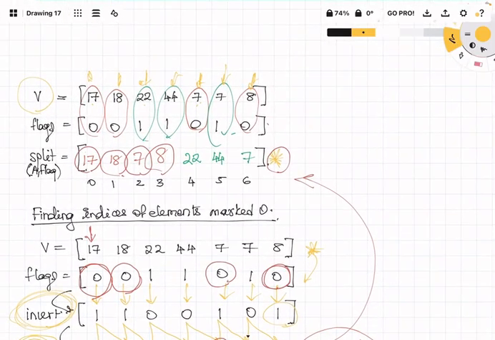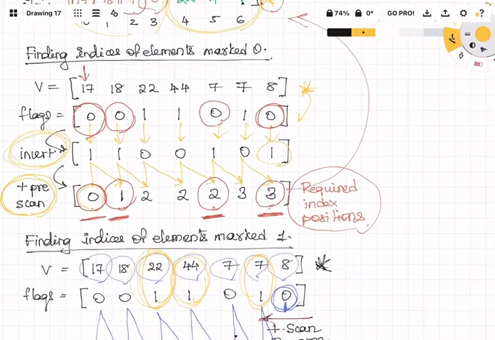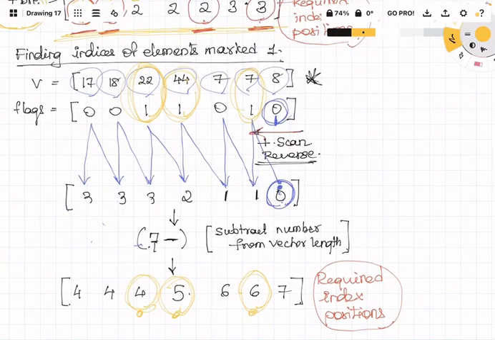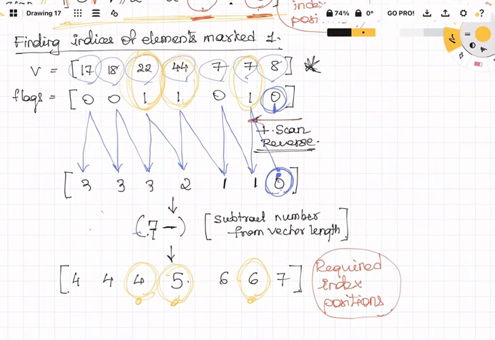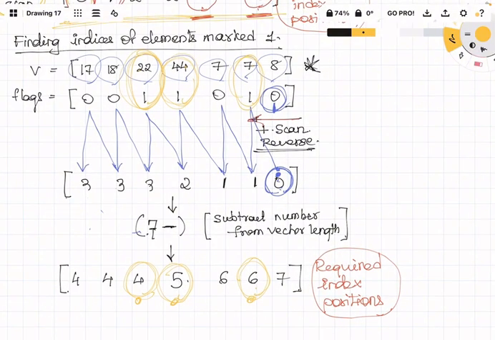So as you can see, 22, 44, and 7 have moved into positions 4, 5, and 6. Okay, so 17, 18, 7, 8 were moved into positions 0, 1, 2, 3. We computed that at the end of phase 1. You see the circle here where we circled 0, 1, 2, 3 in red. And the flags marked 1 were moved into positions 4, 5, 6. And we circled them with yellow.